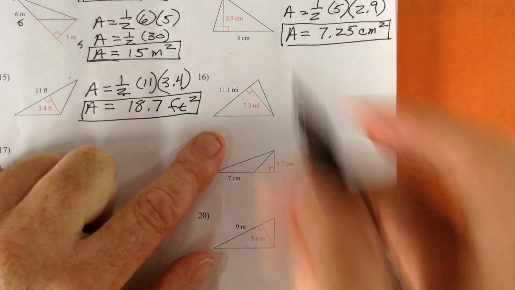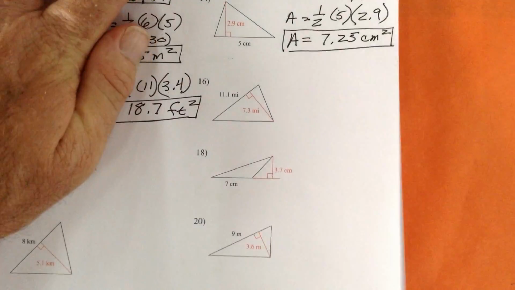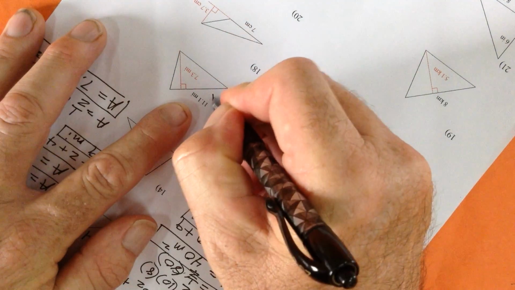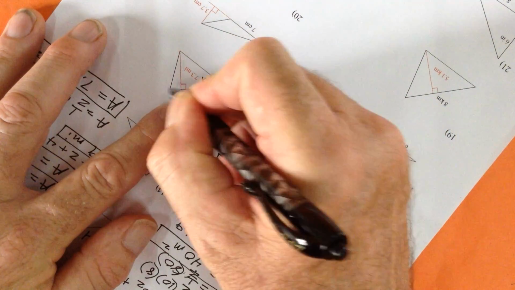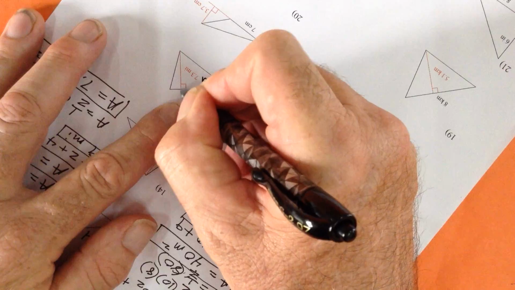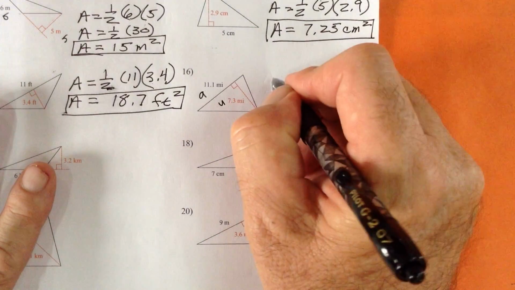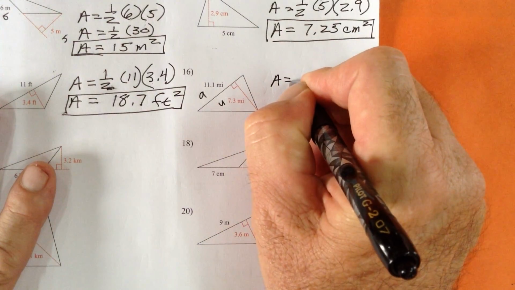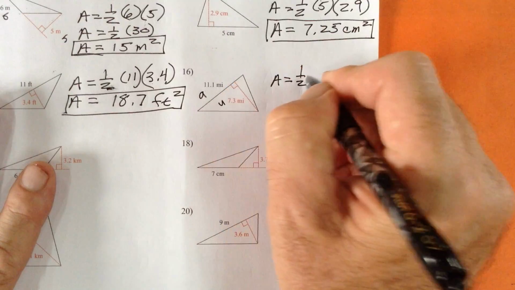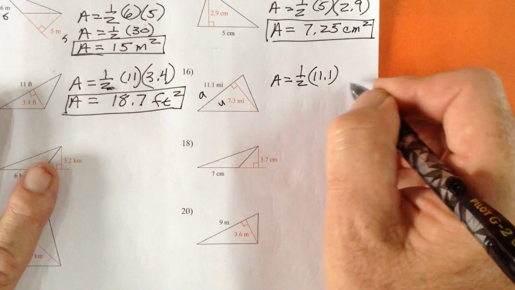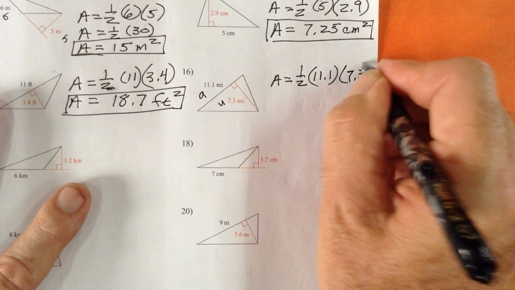Another one, again, you have to take a look at it this way. So this will be the base and this will be the height going up, where that right angle is there, 90 degrees. So here the area equals 1/2 times the base, 11.1, times the height, 7.3.